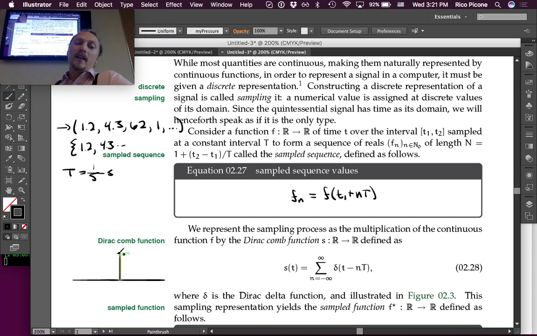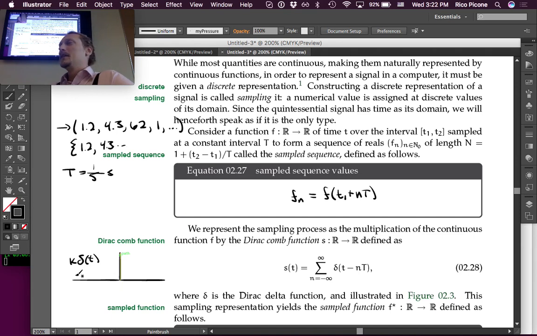And if you scale it by any factor, k times delta of t, there's still no defined value at 0, and it's still 0 everywhere, but the area under this spike is considered to scale by k.